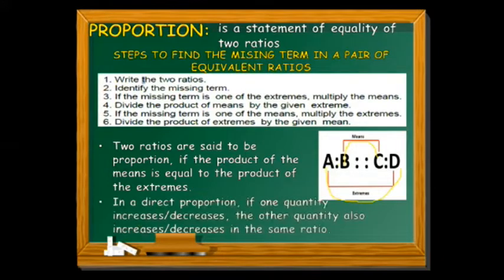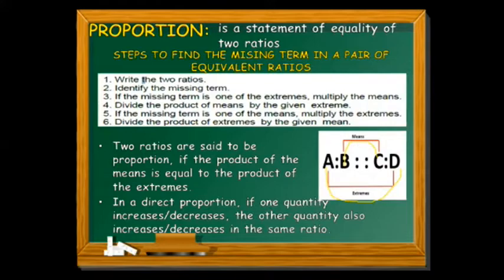And in a direct proportion, if one quantity decreases, the other quantity also decreases in the same ratio. So here are the steps and terminologies that you need to know para at least meron tayong guide para ma-solve yung mga problems sa mga susunod na slide.